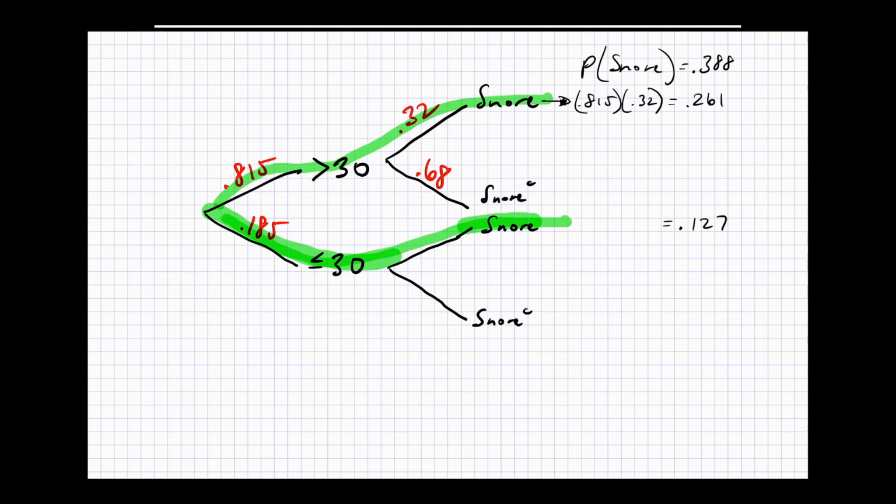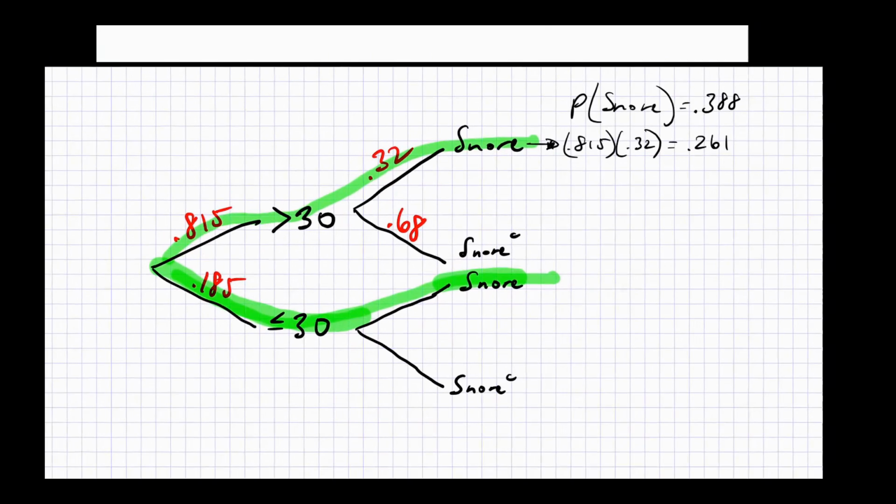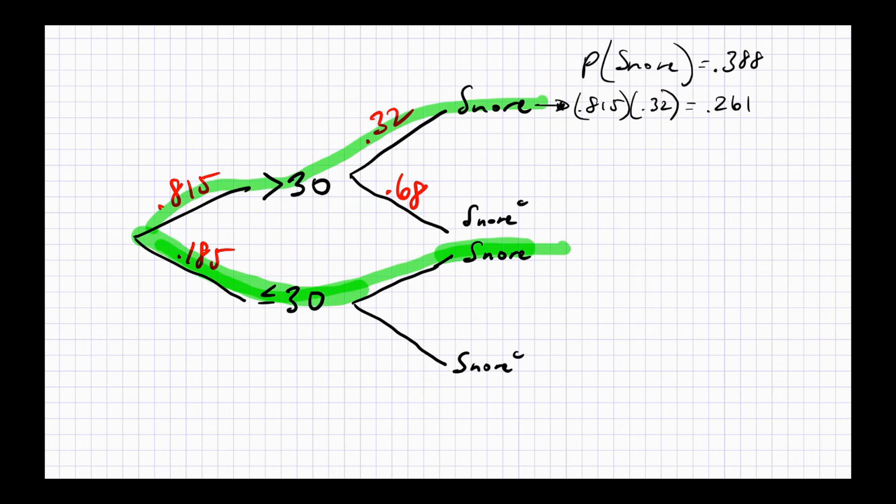Well, let's see. I could do it this way. If I go that way, I get 0.815 times 0.68, 0.554.